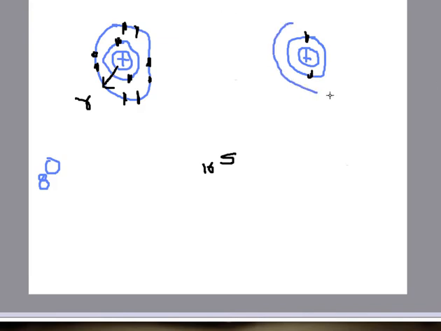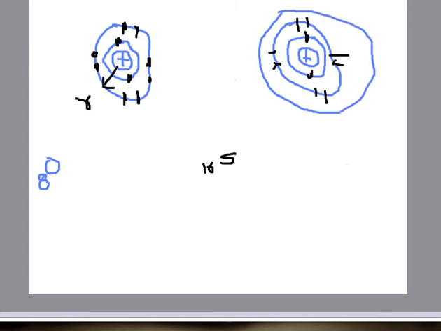This is the second orbit, consisting of eight electrons. That makes 10, but we need 16, so 6 are still remaining. Again, there is a next orbit here, with 1, 2, 3, 4, 5, and 6. Now in this one, this is your atomic radii. This is the value of R.